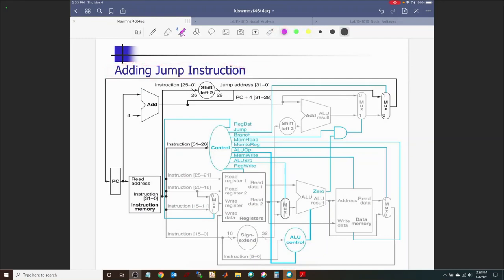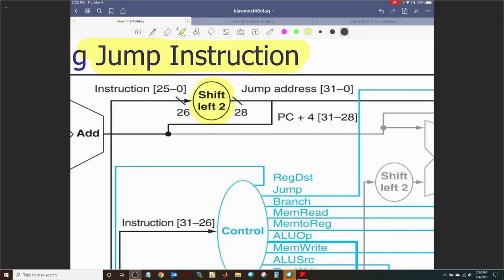And this is done by simply adding a shifter. For a jump instruction, we add this shift left by 2 component that takes in a 26-bit address, shifts it left by 2 bits, padding it with zeros on the right, and computes the 28-bit address. It also gets the 4 most significant bits of PC plus 4. PC is the current instruction, the jump instruction, and PC plus 4 points to the next instruction.